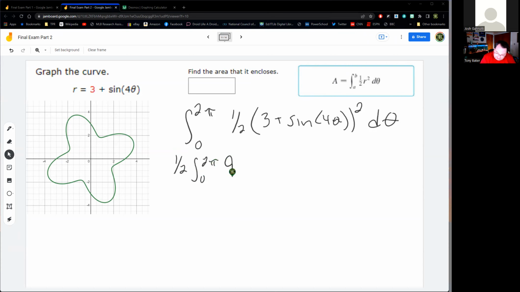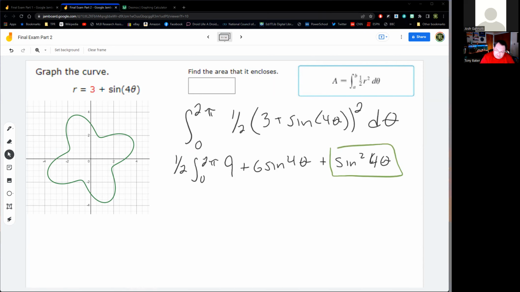So I get 9 plus 6 sine 4 theta plus sine squared 4 theta. Now I cannot integrate that part right there because it's squared.